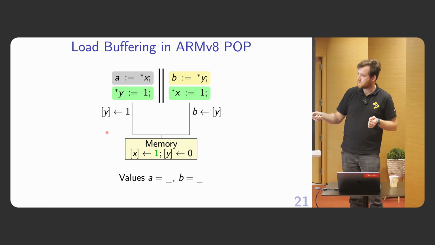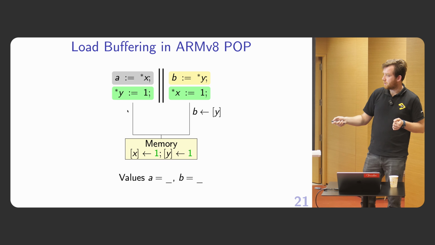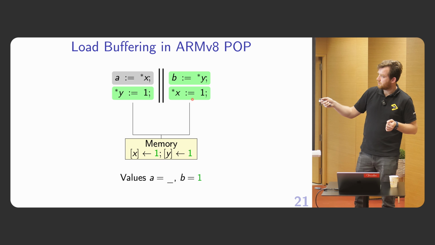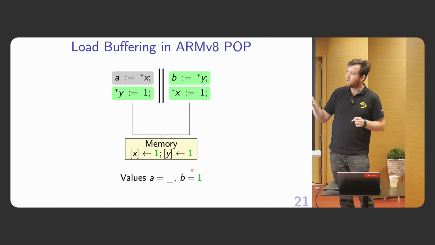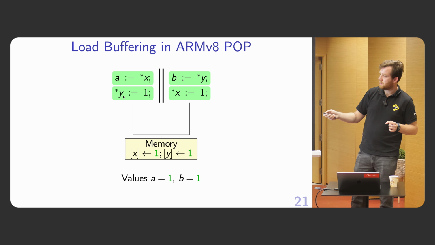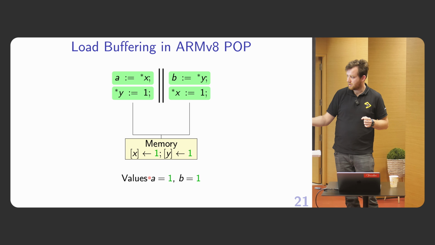So now this write request may propagate to memory. After that, the read request may get the value 1. So now the only instruction left to be executed is the read. So this is how we can get the outcome A being equal to 1, B being equal to 1.